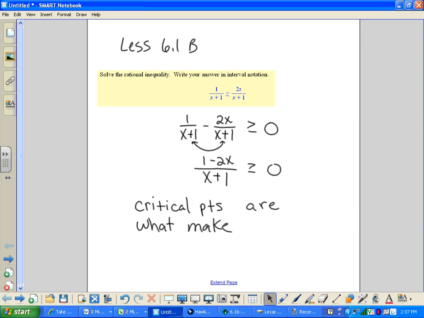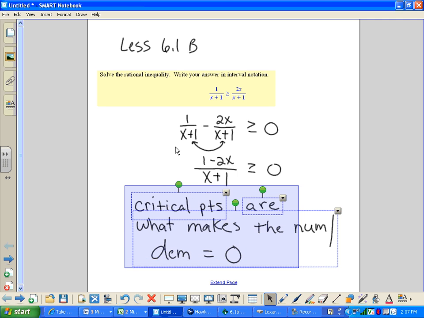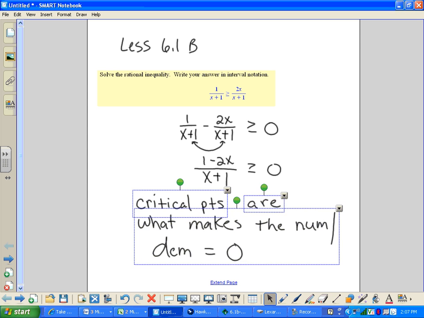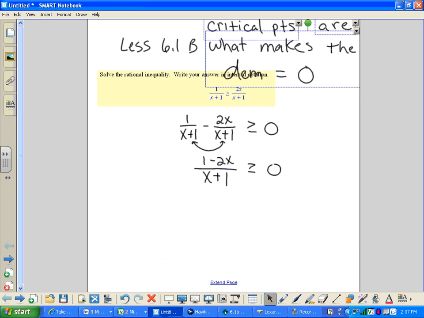So I'll say what makes the numerator and the denominator equal to 0. Okay, so in this case, we're going to plot those critical points on a number line. And we'll move this out of the way.